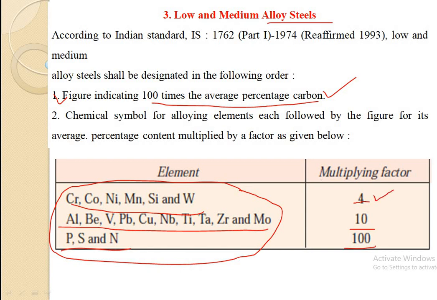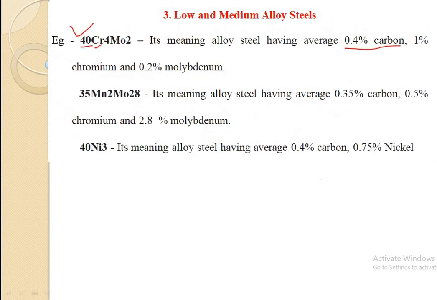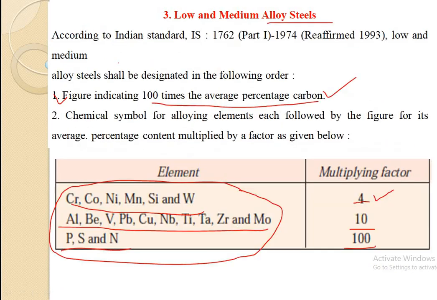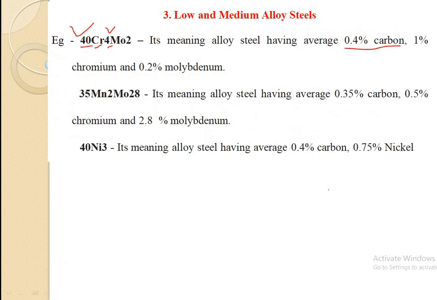This means we have to divide this 4 by the multiplying factor, because this number is actually after multiplication. 1 into 4 is equal to 4, meaning after multiplying you have got this figure. That's why we have to divide this by the multiplying factor. So 4 divided by 4 gives 1 percentage of chromium.